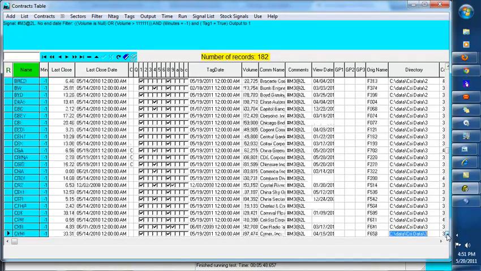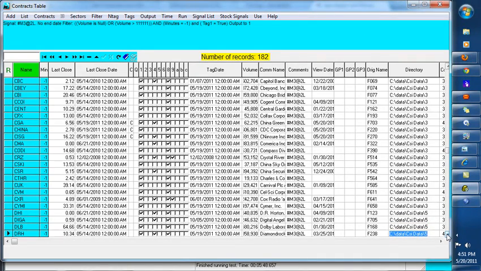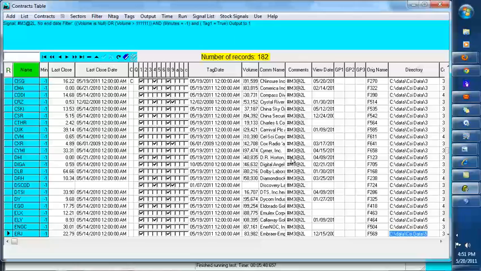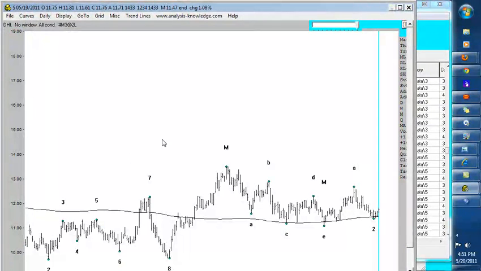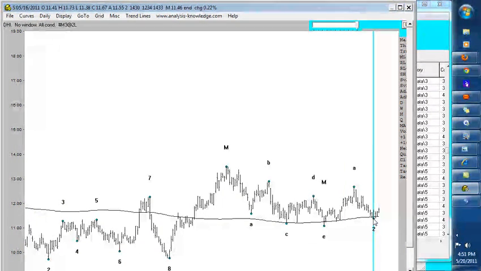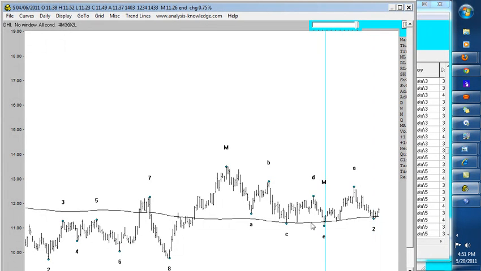So let's see if I can find another one that's a pretty chart. Here's one. Okay, this is DHI, DR Horton. So this one here is the major low, and this one here is a major high.